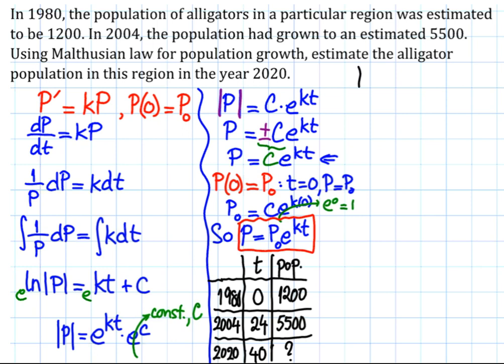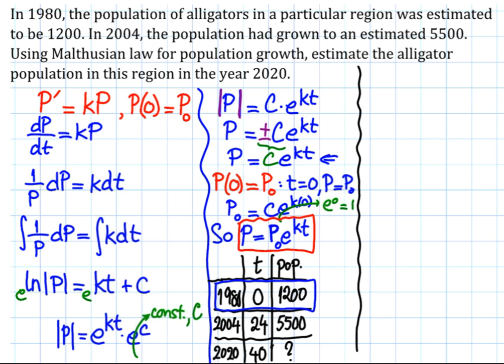Now we solve the problem. First, I will look at this information. That is when t equal to 0 the population is 1,200. So pretty much 1,200 is the p naught.